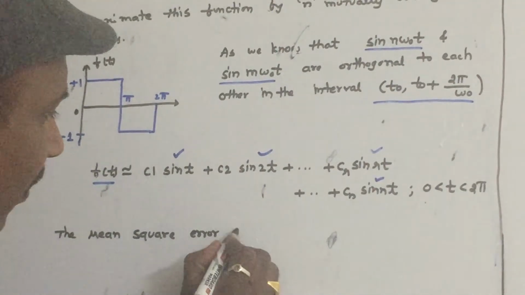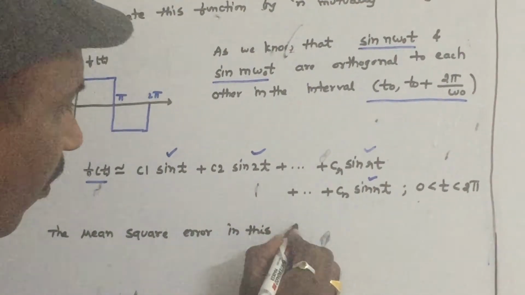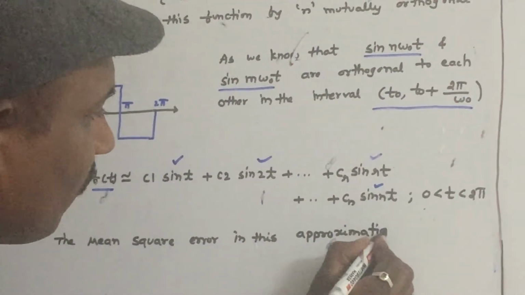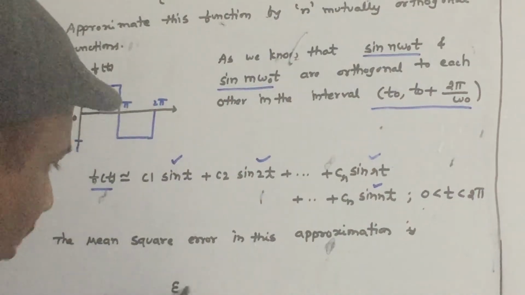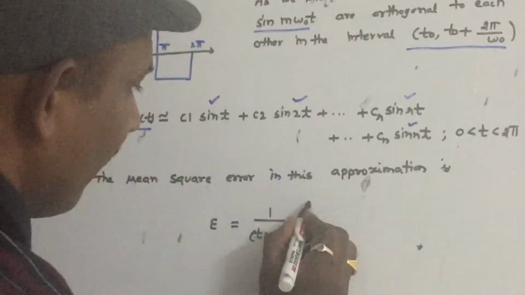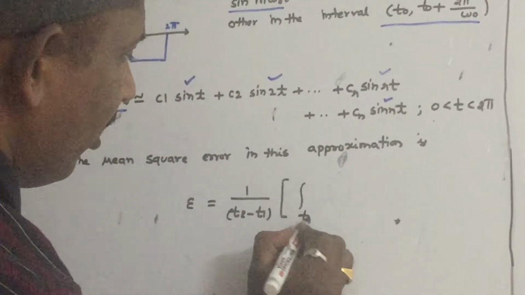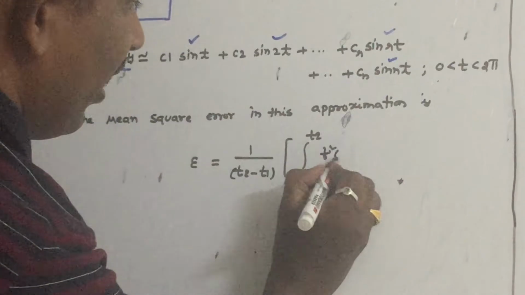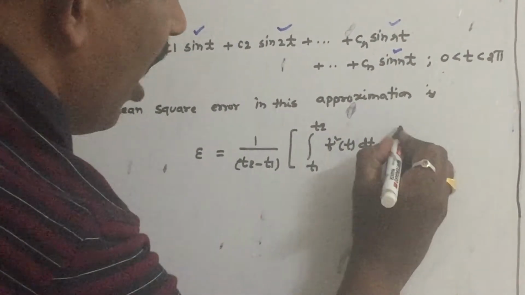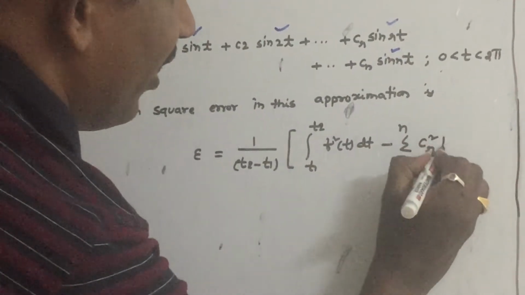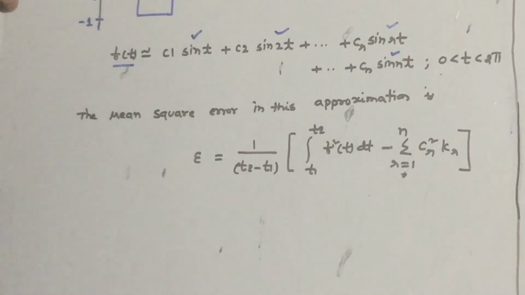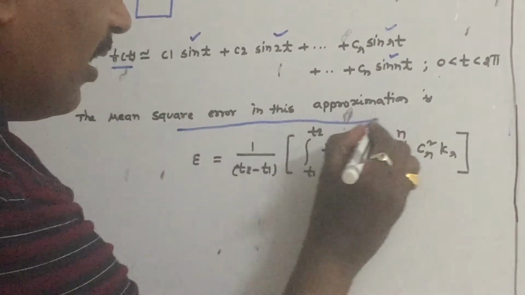The mean square error in this approximation is given by the simple formula: 1 by t2 minus t1, integral t1 to t2 f square of t dt, minus summation r equal to 1 to n cr square into kr. This is the mean square error formula which we derived in the previous class.